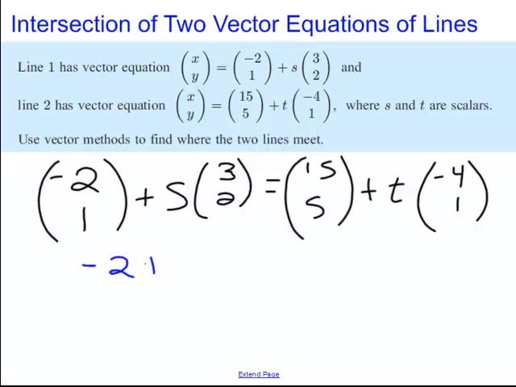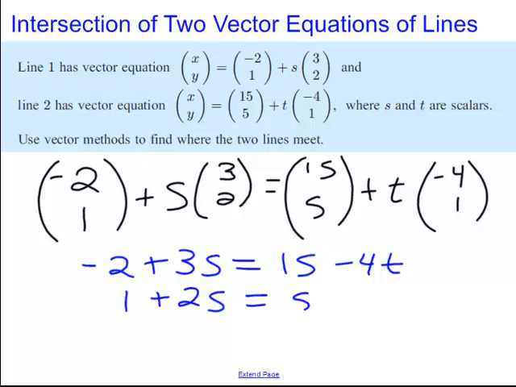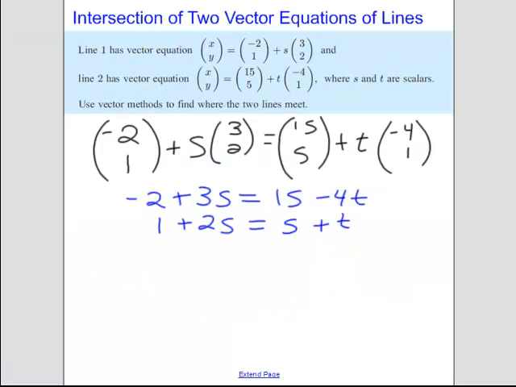Negative 2 plus 3s equals 15 minus 4t, and then 1 plus 2s equals 5 plus t. Set up your system of equations, do elimination. I'll bring all my s's to the left and t's and constants to the right. So 3s plus 4t equals 17. 2s minus t equals 4.